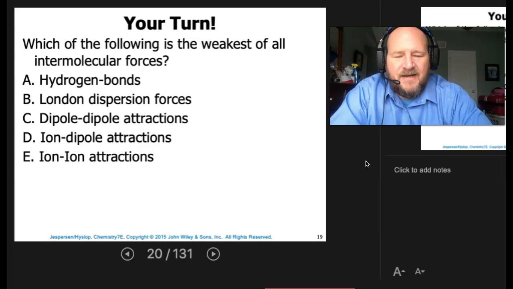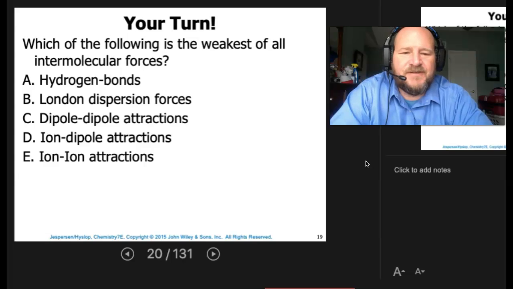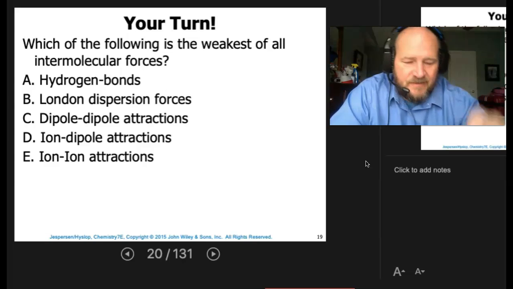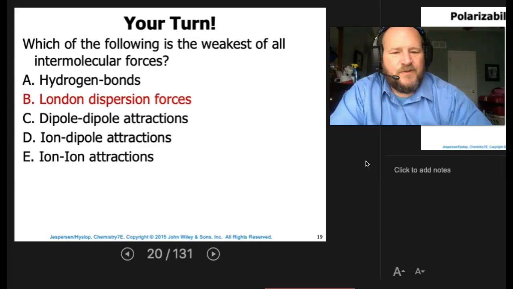So if I have an ion that's a +1, and then I have a dipole that has a negative end like water, that would be our ion-dipole interaction. Ion-ion would straight up be 2 opposite charges. Okay, so that's going to be much stronger than dipole-dipole or ion-dipole. So which of the following is the weakest then? Well, it would be those London dispersion forces we just talked about.